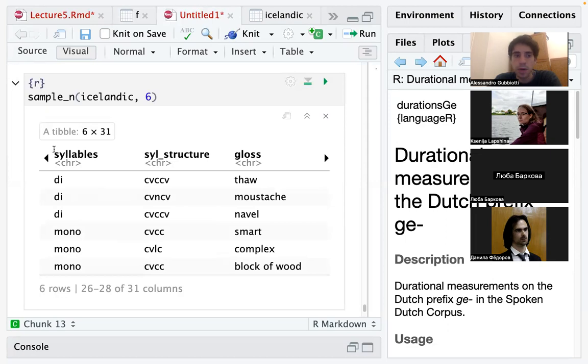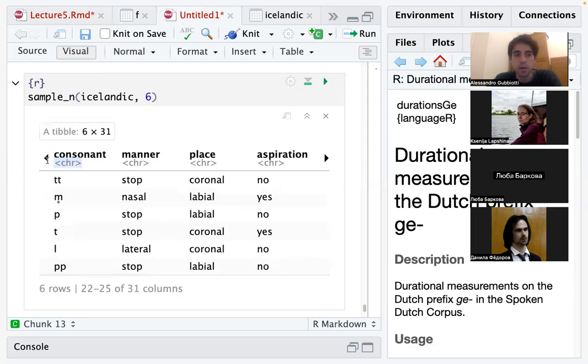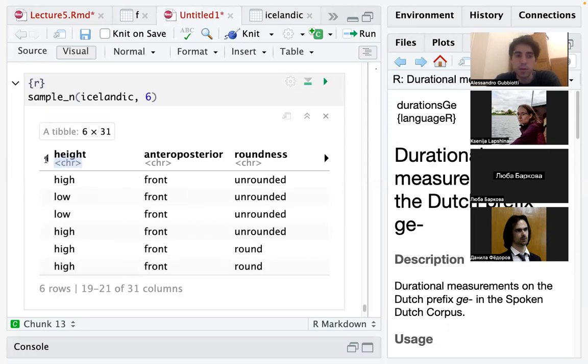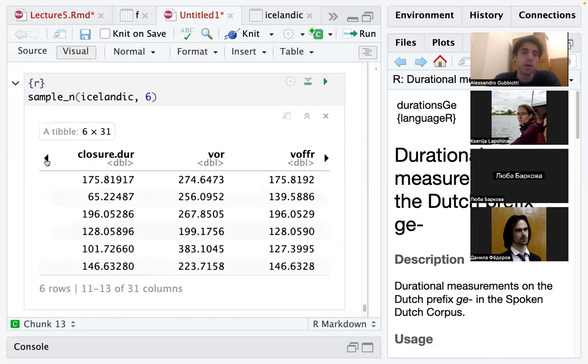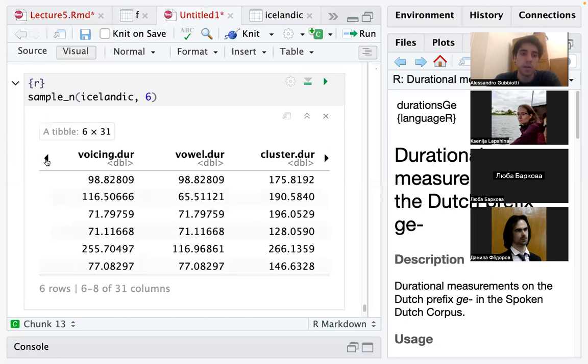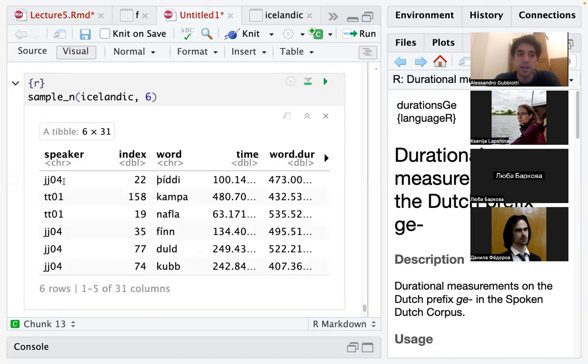And we want, for instance, to prove something that probably is true, which is if there is a statistical difference between the word durations between different speakers.